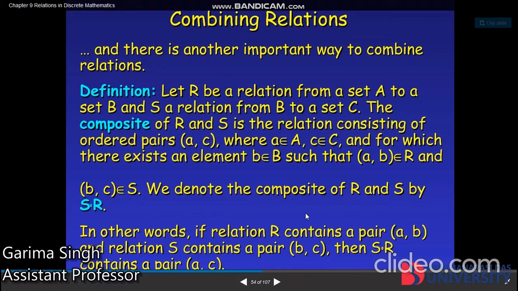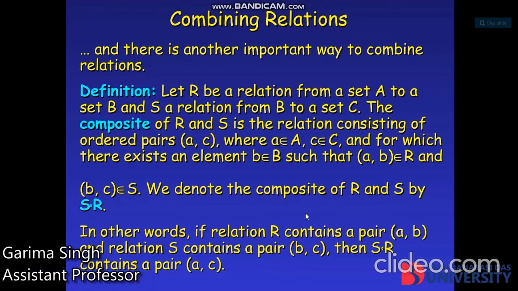And there is another important way to combine relations. Let R be a relation from a set A to a set B and S a relation from B to set C. The composite of R and S is the relation consisting of ordered pairs (a, c) where a belongs to A, c belongs to C, and for which there exists an element b belongs to B such that (a, b) belongs to R and (b, c) belongs to S. We denote the composite of R and S by S∘R.